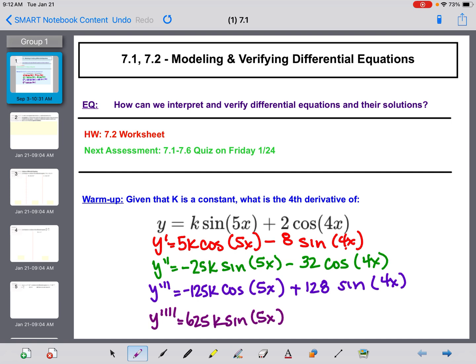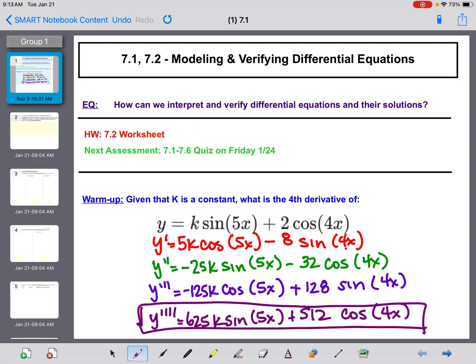Derivative of sine is cosine, so plus cosine of 4x times the derivative of the inside, which is 4. 128 times 4 is going to give me 512. So there's our fourth derivative, with k being a constant.